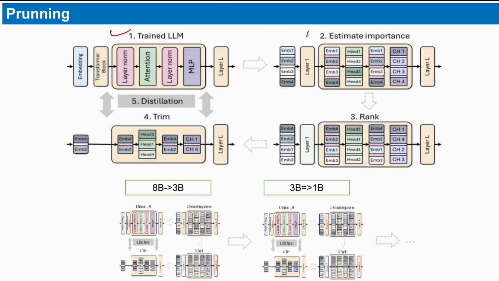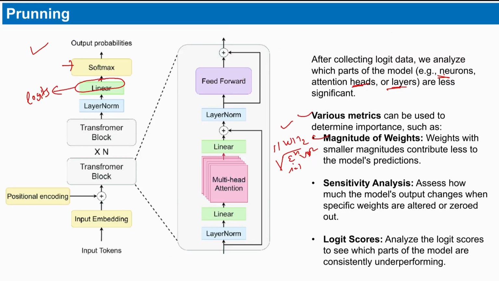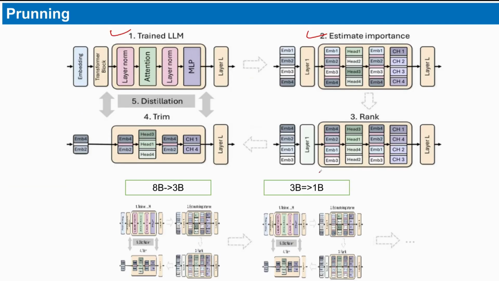As I said, using the third method, the logit score, they find each component's importance, like how much importance each layer, each attention head, each feed forward network, or each embedding channel has.